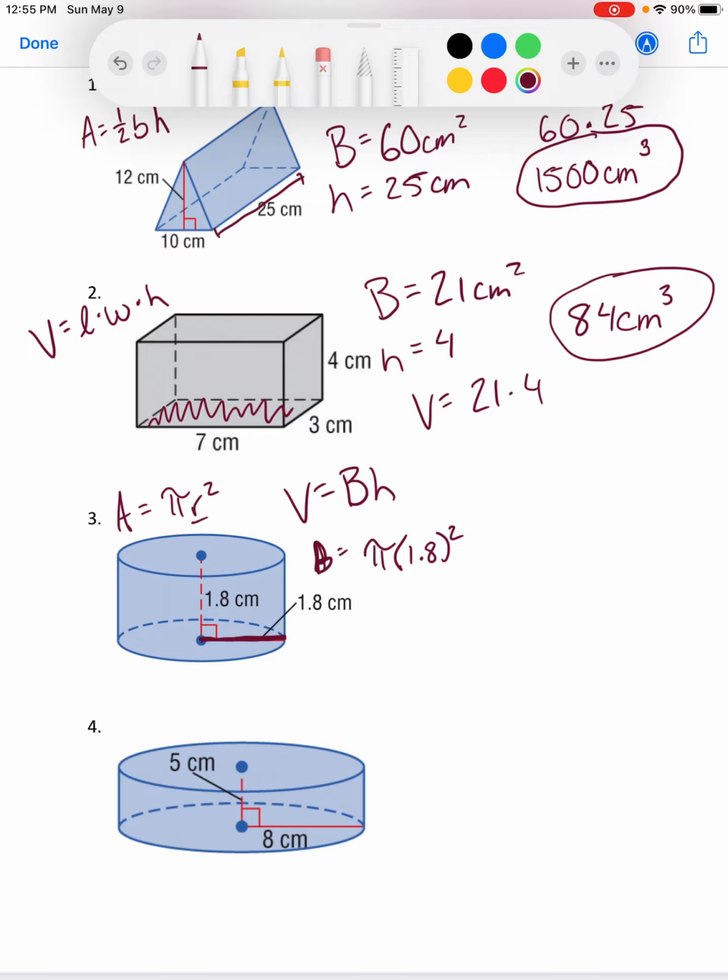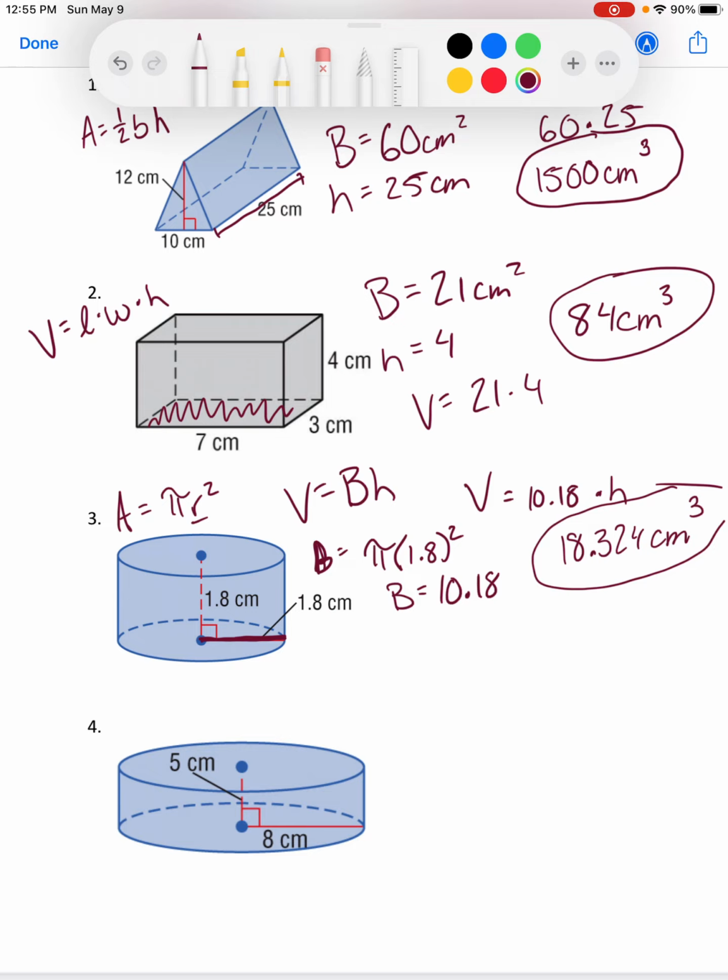I'm just going to say the area of our base equals 10.18 for simplicity. So 10.18 times our height, 1.8, is going to equal our volume. And our volume for this cylinder is going to be 18.324 centimeters cubed. I don't know why centimeters.